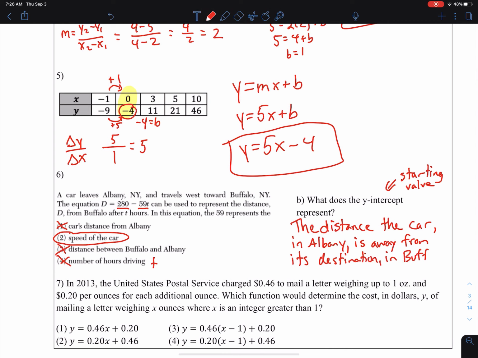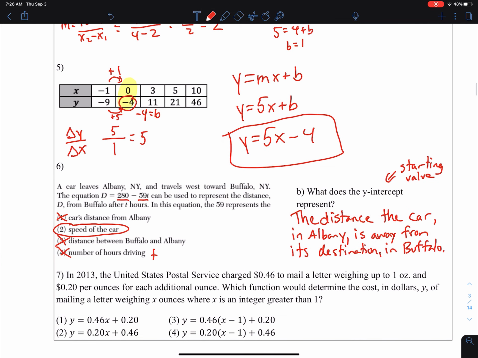So it's how much we're starting out away from Buffalo in this case. And that would be 280. Doesn't say miles, but it's probably miles.